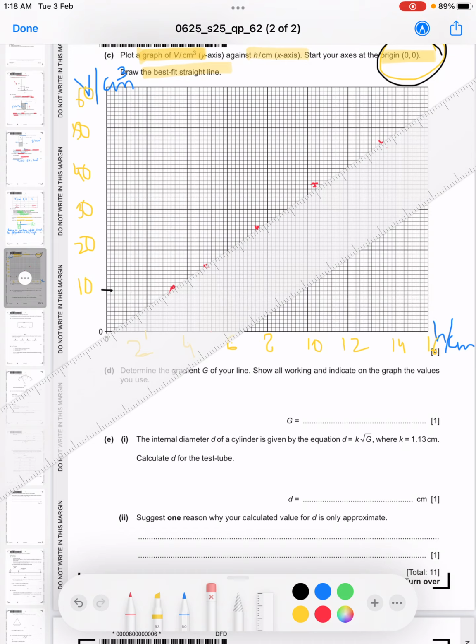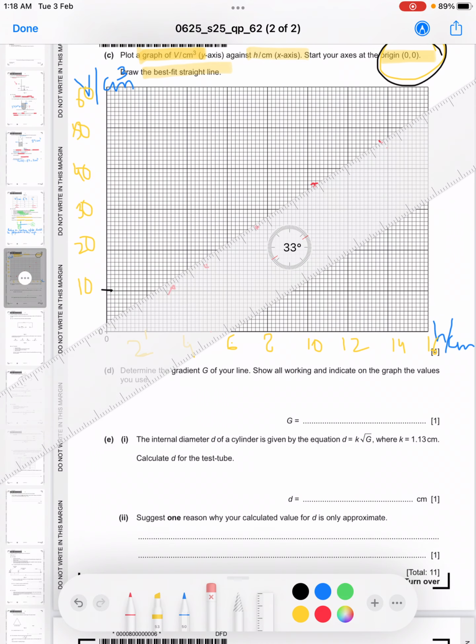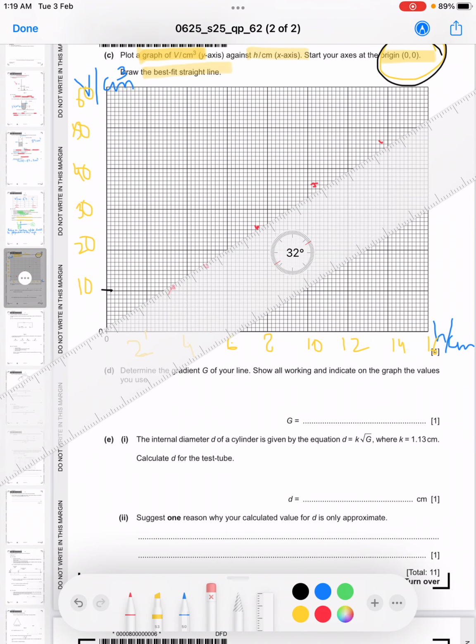Something like this one, because if I try to fit it, few points go up and few come in the line. Okay, let's make a line, right?